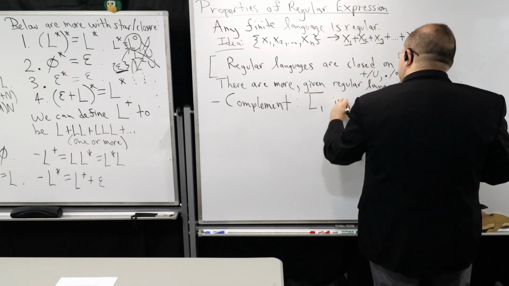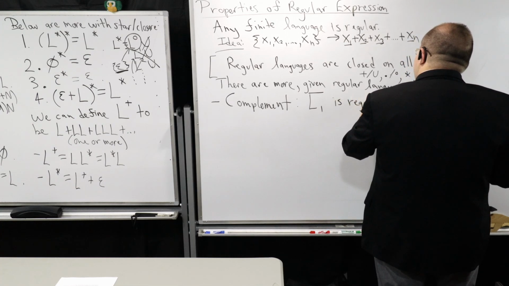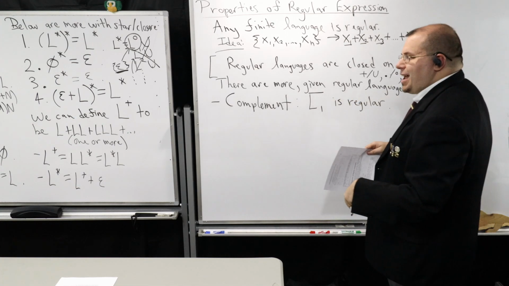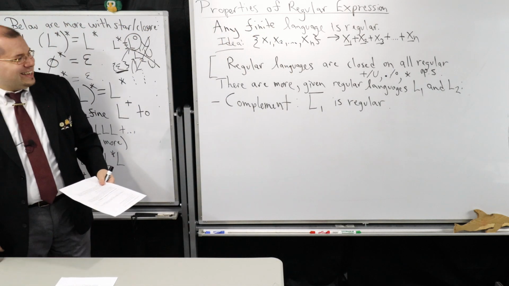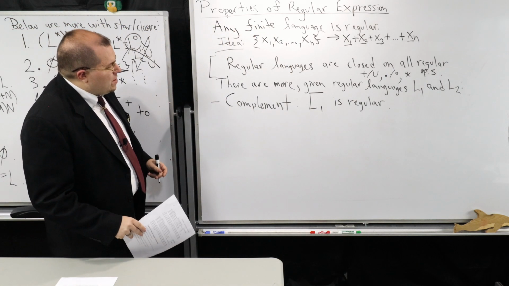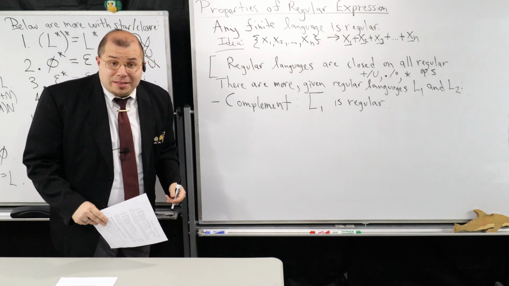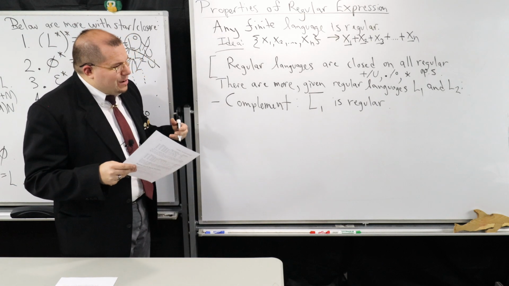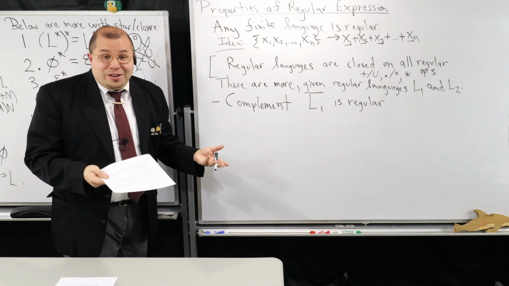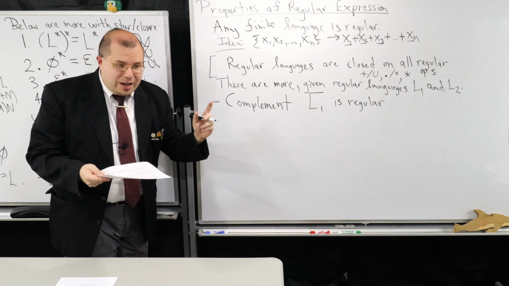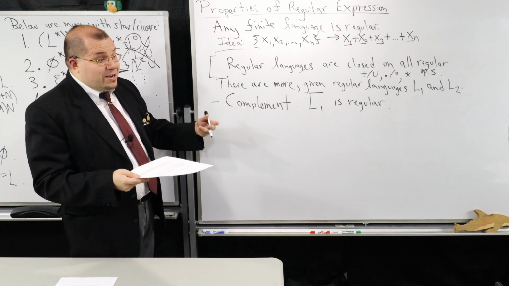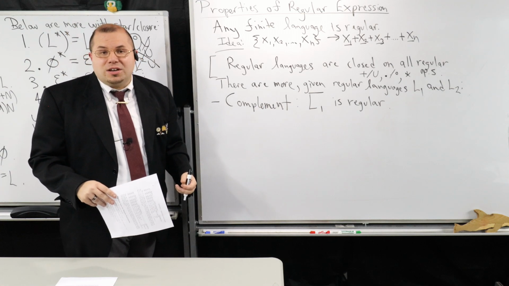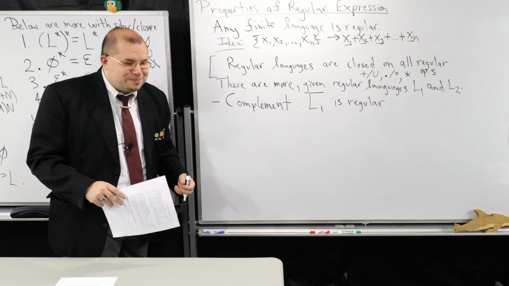is regular. So if you don't recall, if you're working on assignment 1, the proof for this is actually what you're doing right now on the assignment. The main step in this proof is that I gave you some DFA where you could switch around the final states with the non-final states. If you do this, there is a way you can build me a DFA that accepts the complement of a regular language.